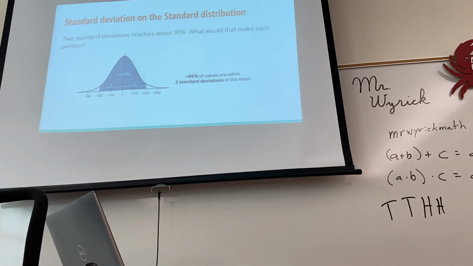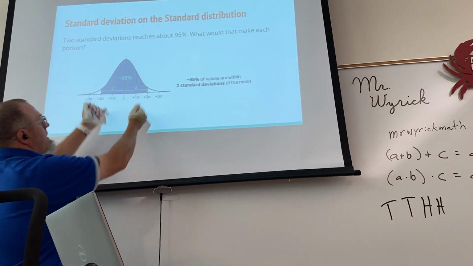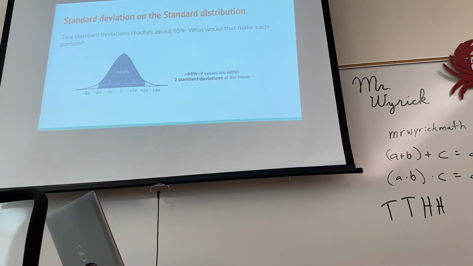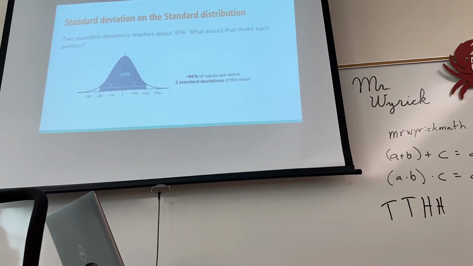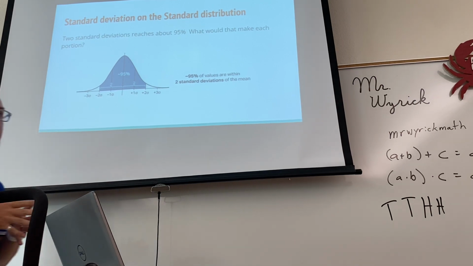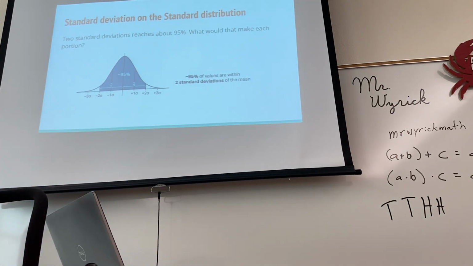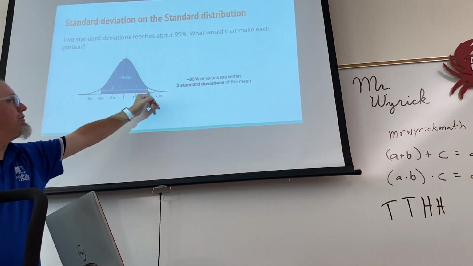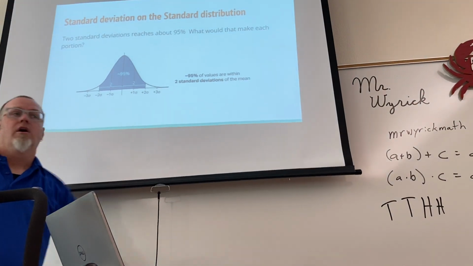The next standard deviation, within 2 standard deviations, that is 95%. Okay? That's a big deal. 95% of the entire population falls within 2 standard deviations of the mean.